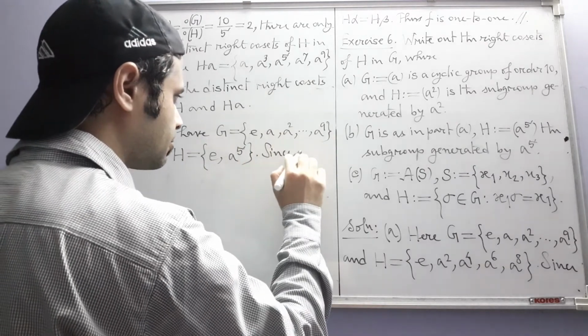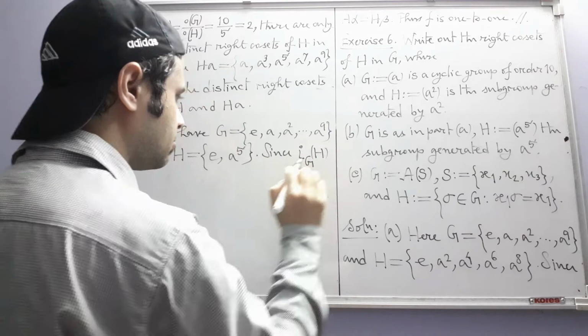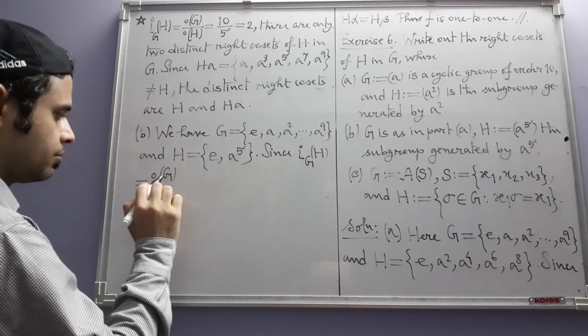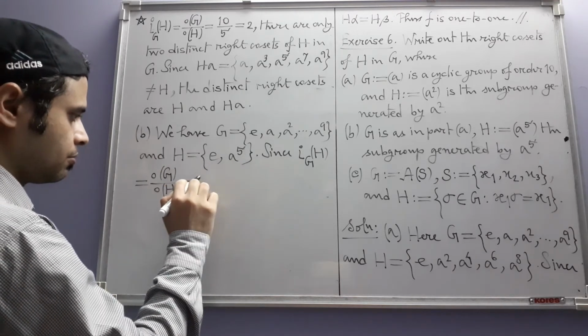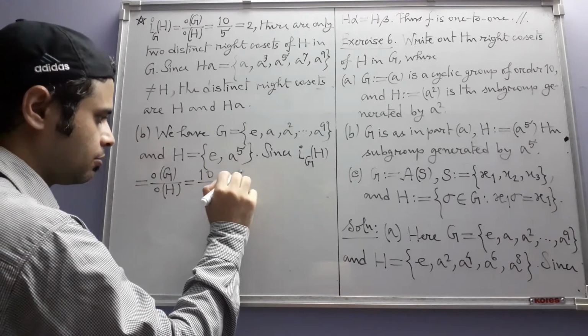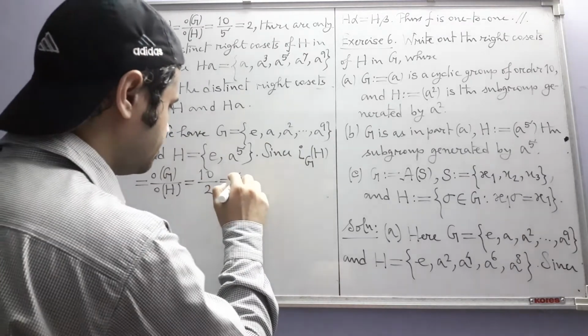Since the index of H in G in this case is what? Ten divided by 2 equals 5. So here the number of cosets is more.